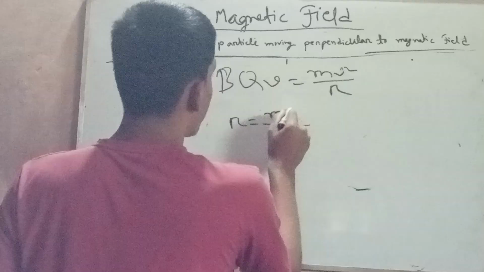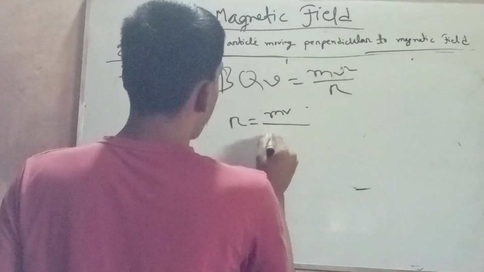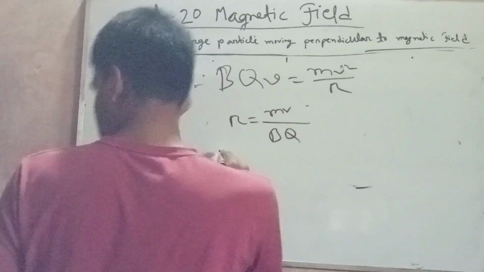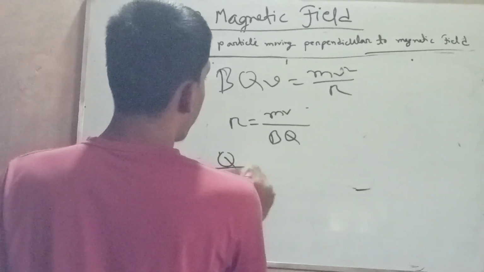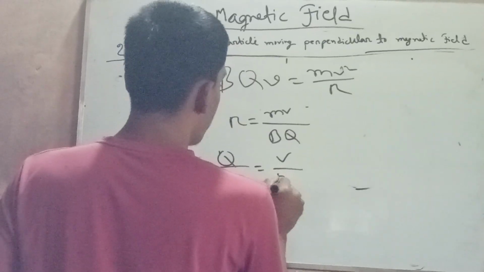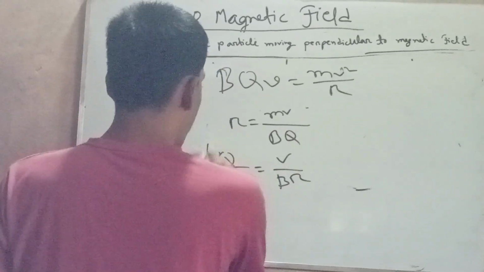R is equal to mv by BQ, but q by m is equal to v by Br.